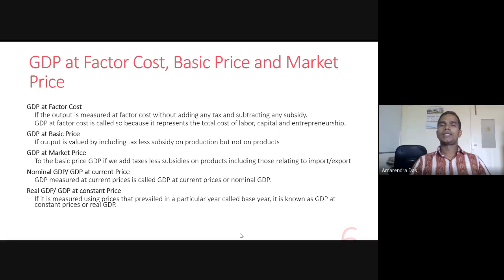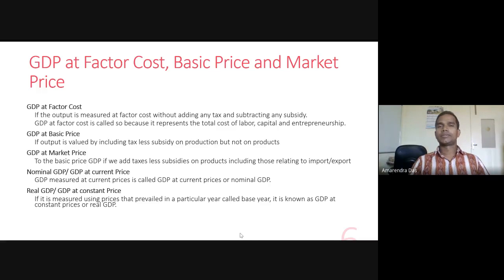Then the cloth has come to market for sales, so we have the factor cost plus the union GST plus the state GST, or we can say the sales tax. So there is the cost of production, then the union GST, then the state GST, and if the cloth has not received any subsidy, then we get the GDP at market price.